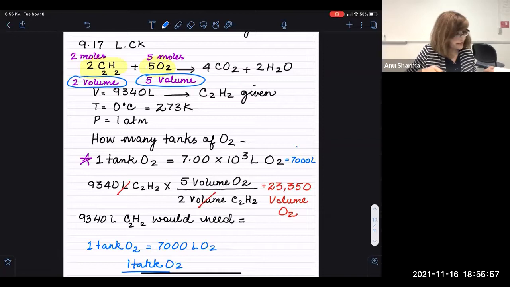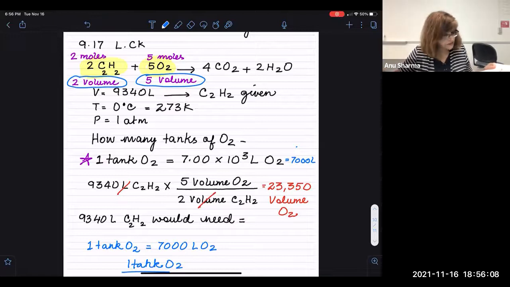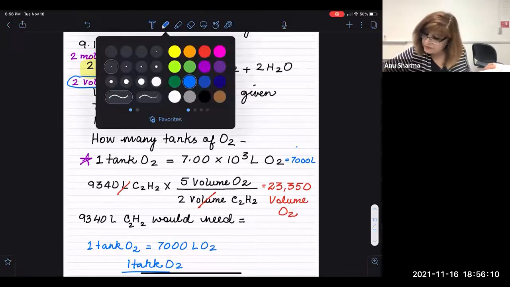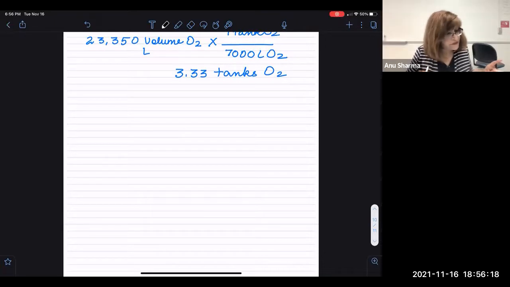Volumes of the reacting gases, and the last is the effusion and diffusion. Okay, for the effusion and the diffusion, we'll just do the last pieces. So we did this reaction of gases. Next is volumes of the reacting gases.